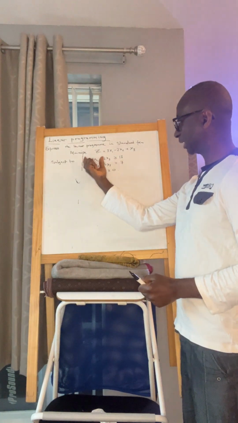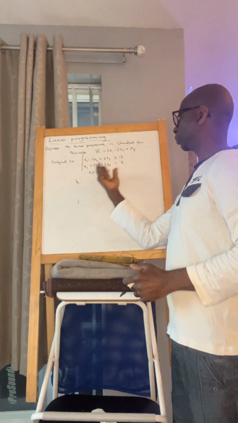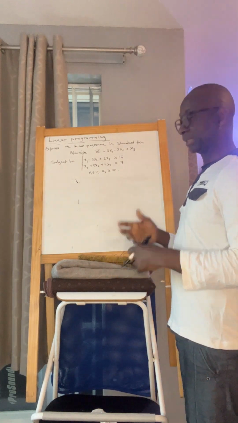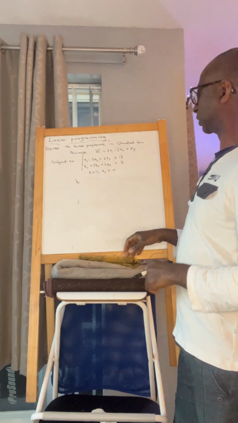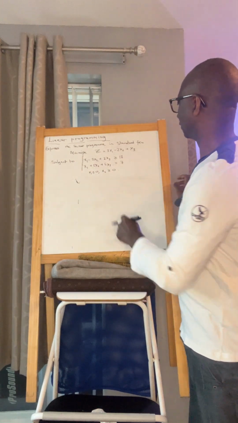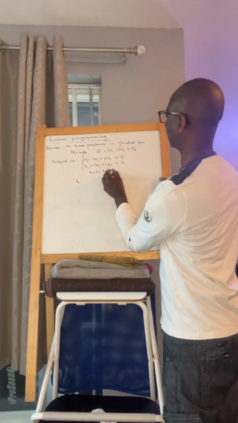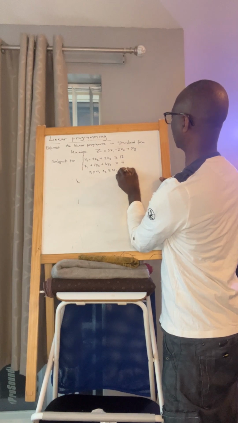These variables x1, x2, x3, they all mean something, and they got to be positive. X1 got to be positive, x2 got to be positive, and x3 got to be positive as well. X3 must be greater than or equal to 0.